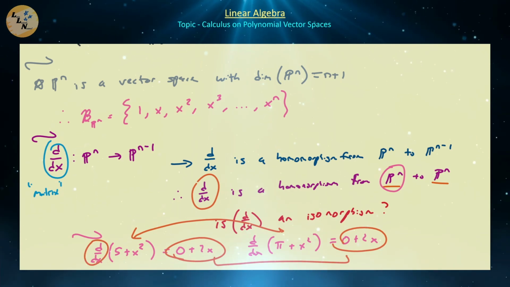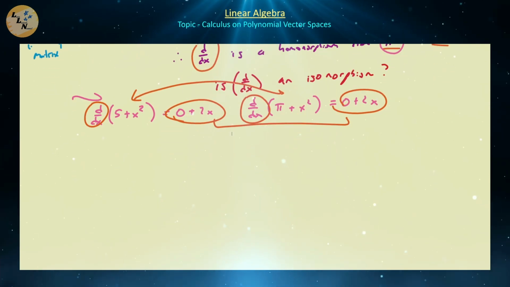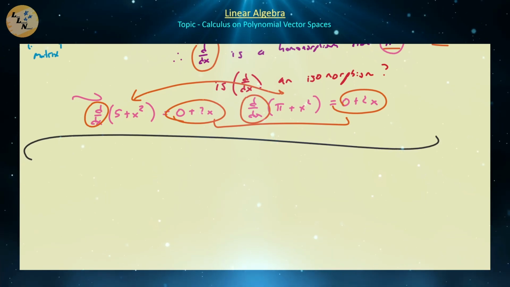So this operator is not a one-to-one operator, and hence the derivative matrix is not an isomorphism from Pn to Pn. Therefore, we can at least easily construct an inverse homomorphism, say from Pn minus 1 back up to Pn. Right? So those are just some things that we should have constructed up to this point, and if not, that's okay.